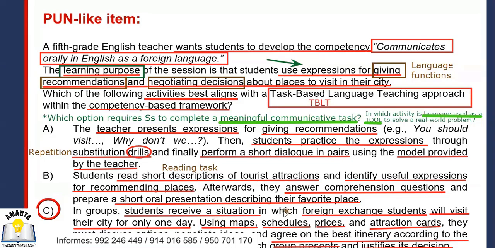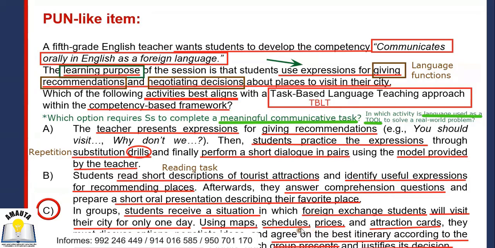It is meaningful. It has an authentic purpose and a communicative outcome, right? Students analyze options, compare ideas, negotiate, and finally they justify decisions. The final product, the communicative outcome, is related to TBLT.